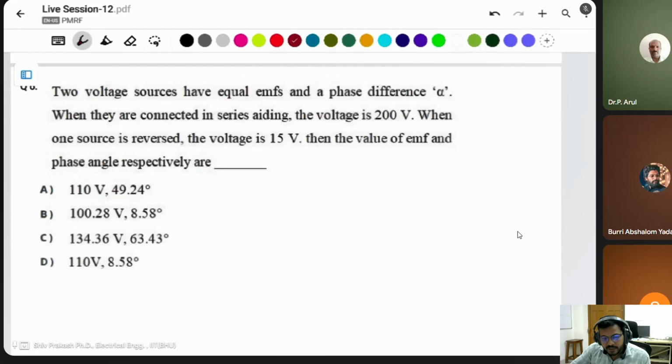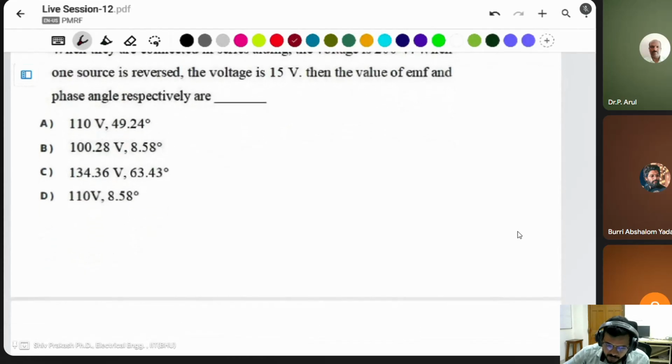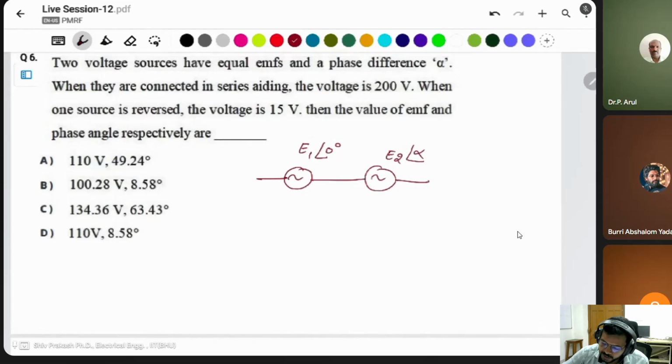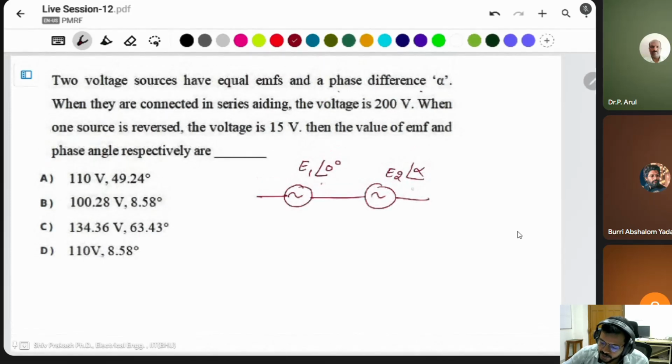If they are added in series, you can say this one is E1, this is E2. If you take this one as 0 degree, then the second one is at alpha, because the phase difference between them is alpha.